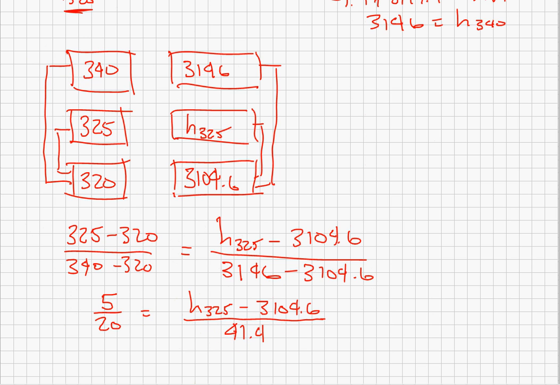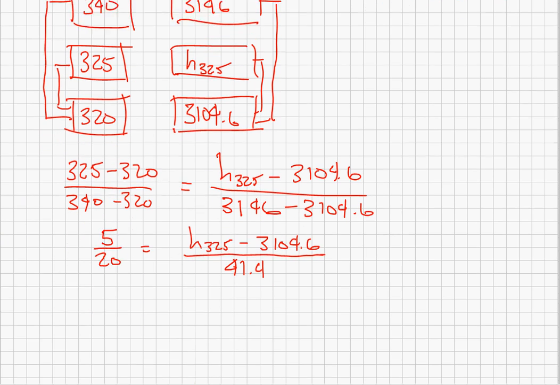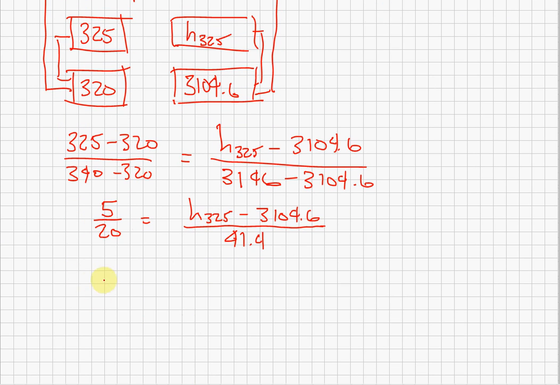And you notice that by following the method here, I don't get a negative number here, and that's all right. The math is going to save me. I'm going to do 5 times 41.4 over 20 plus 3104.6 equals H325.